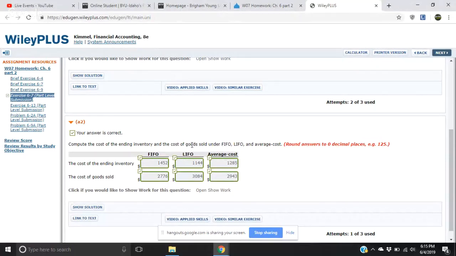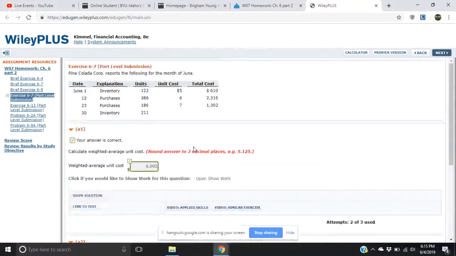Now for LIFO, which stands for last in, first out, we will instead start with 122 times the unit cost of 5, which gives us 610. And to get to 211, that is the difference between ending inventory on June 30th and the beginning inventory. So when we subtract 122 from 211, we get 89.